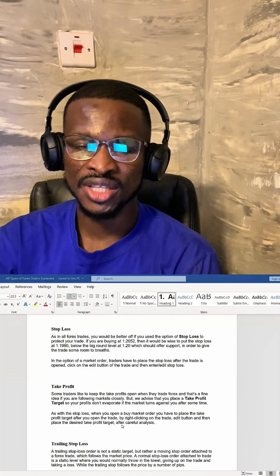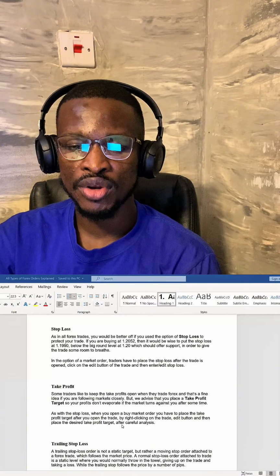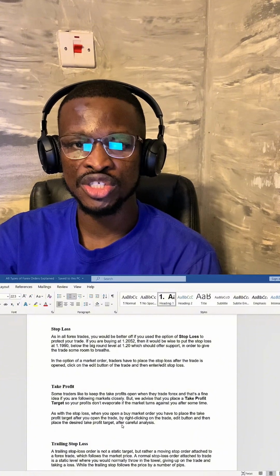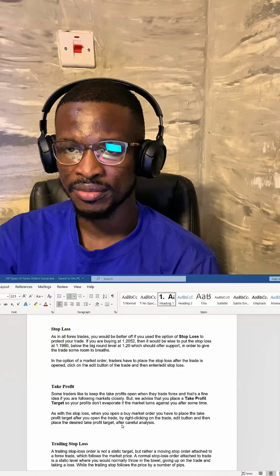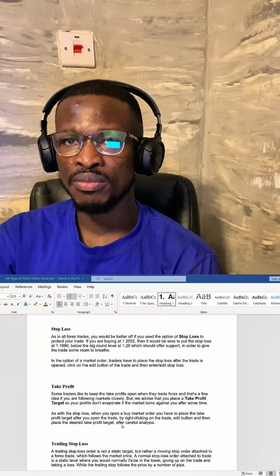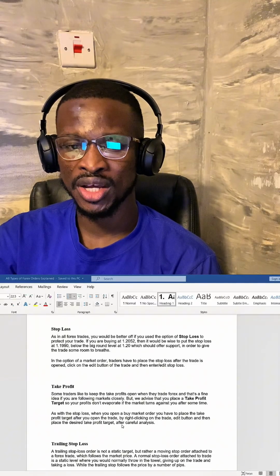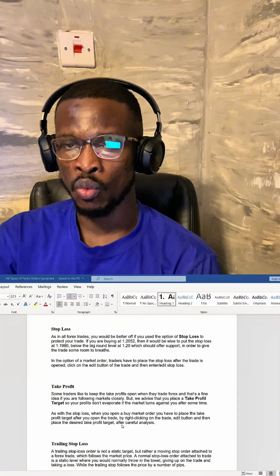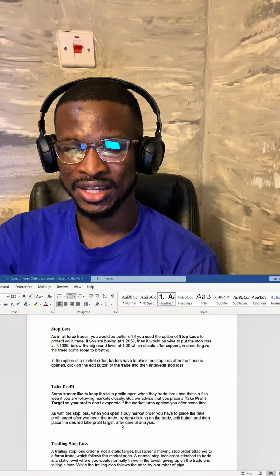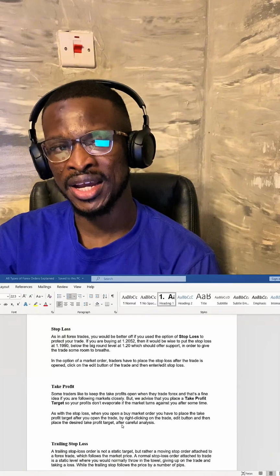Okay, so what is your entry point? Your entry point was what? 1.2052 in GBP USD. Is that clear? And maybe your $100 stop loss was somewhere around 1.1998.